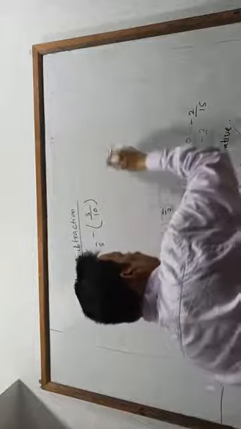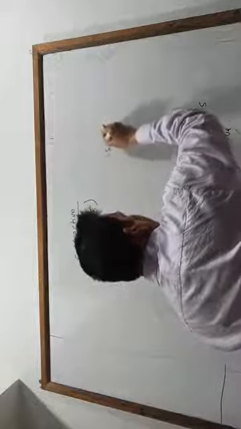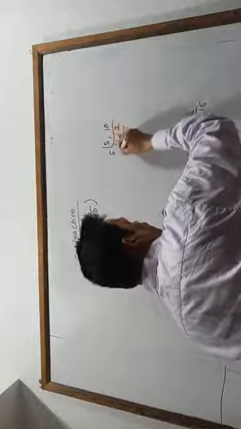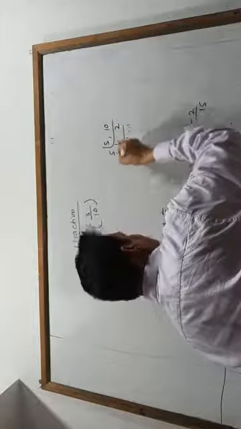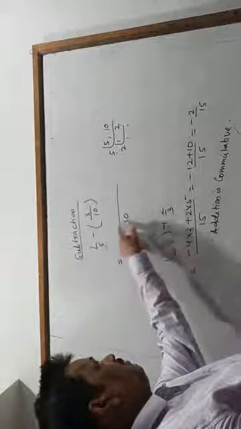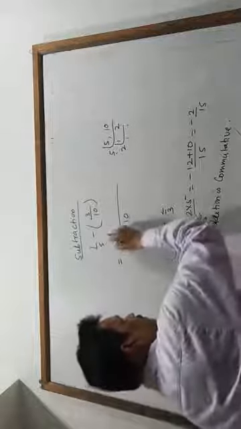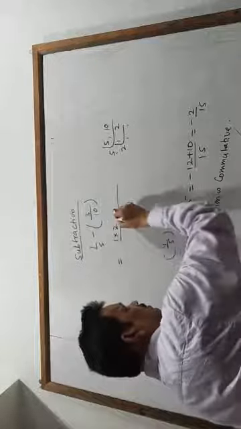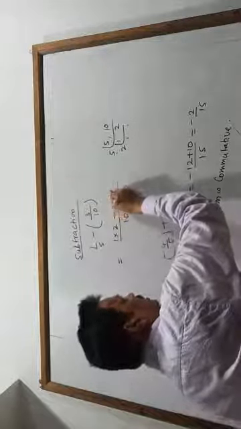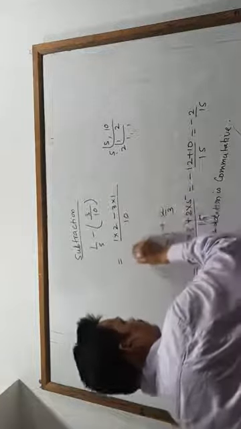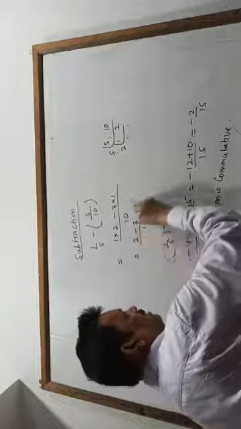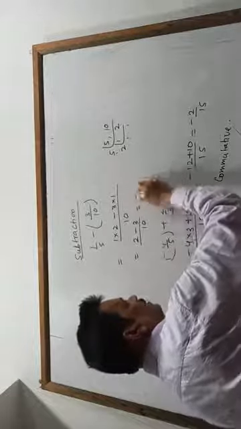The LCM of 5 and 10 is 10. 10 divided by 5 is 2, 1 into 2, minus 3 into 1, so 2 minus 3 by 10. 2 minus 3 is minus 1 by 10.